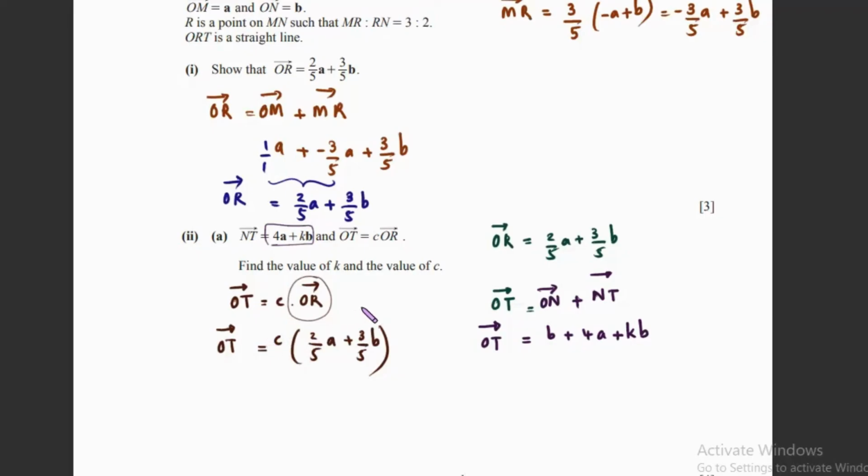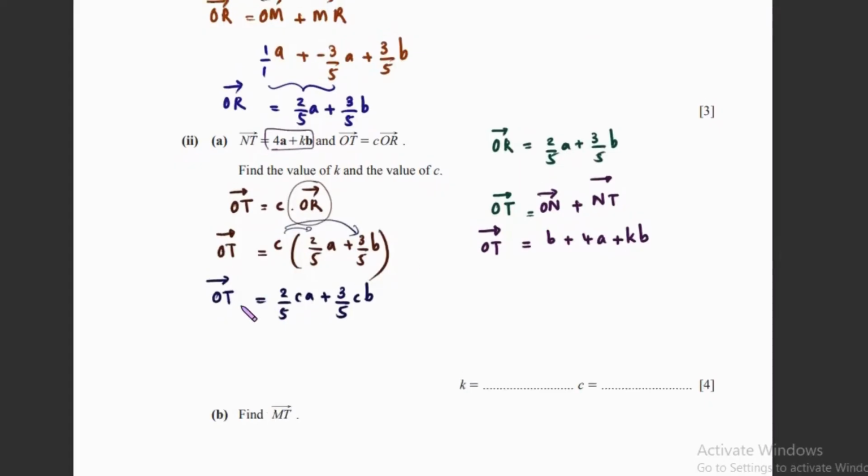So when I do that, I end up getting 2/5 cA, but this c is a number. It can be a whole number or it can be a fraction. With that, I need to multiply this as well. So it's going to be 3/5 cB. Now, this is equal to O to T as well. Now, we have formed two relationships that explain what O to T is. So I can equate these two together.